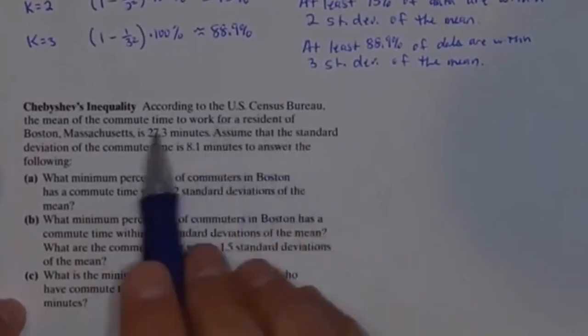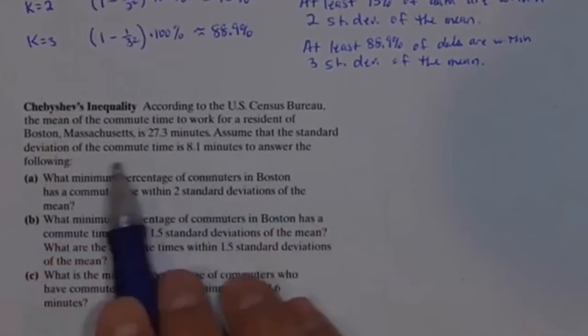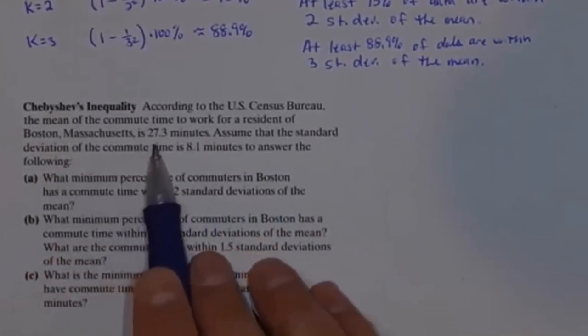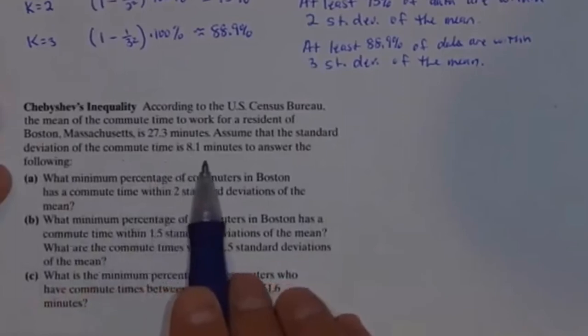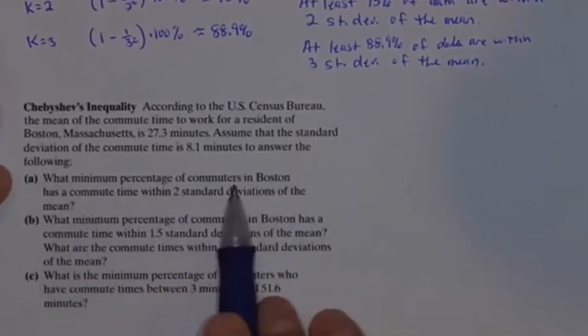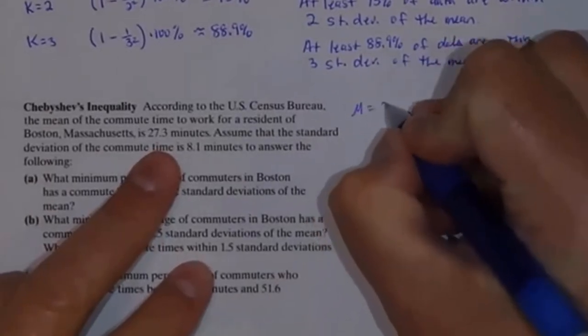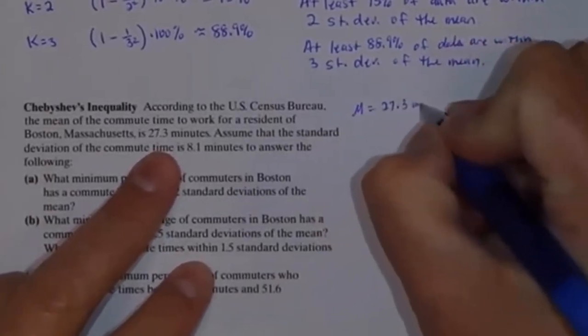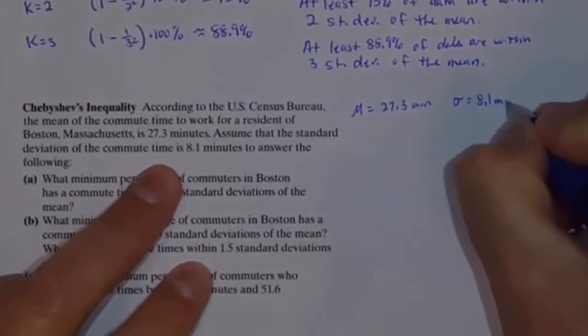According to the US Census Bureau, the mean of the commute time to work for residents of Boston, Massachusetts is 27.3 minutes. Assume the standard deviation of the commute time is 8.1 minutes to answer the following. So we're told that the mean is 27.3 minutes, and the standard deviation is 8.1 minutes.